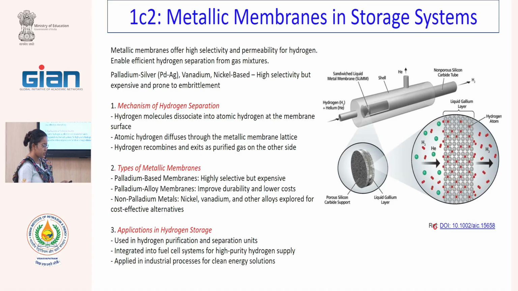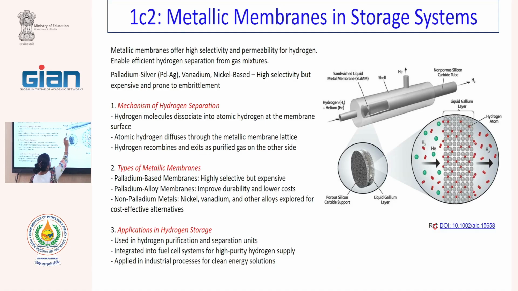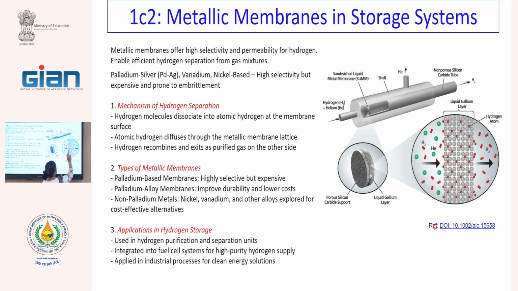Mostly the metallic membranes used in industrial or real-life scenarios are ceramic in structure. We have hydrogen and helium gas going through one side, and hydrogen can diffuse through these metals in atomic form and go back to H2 form on the other side.